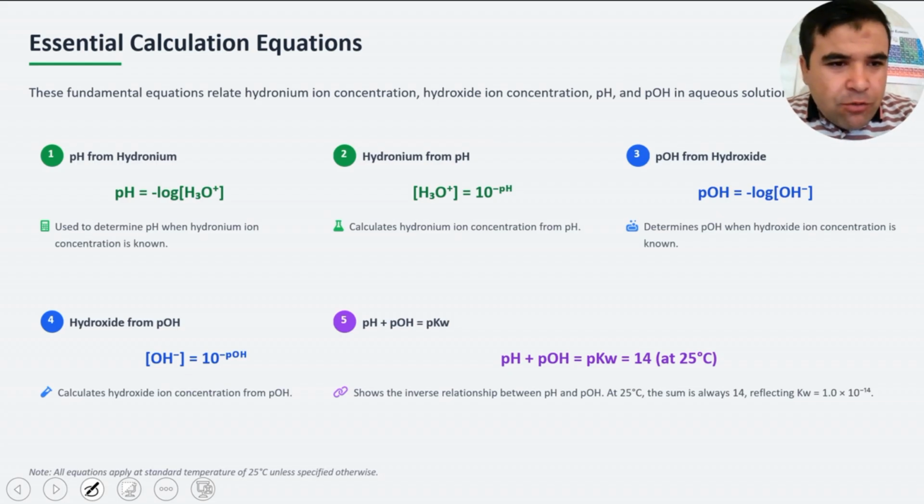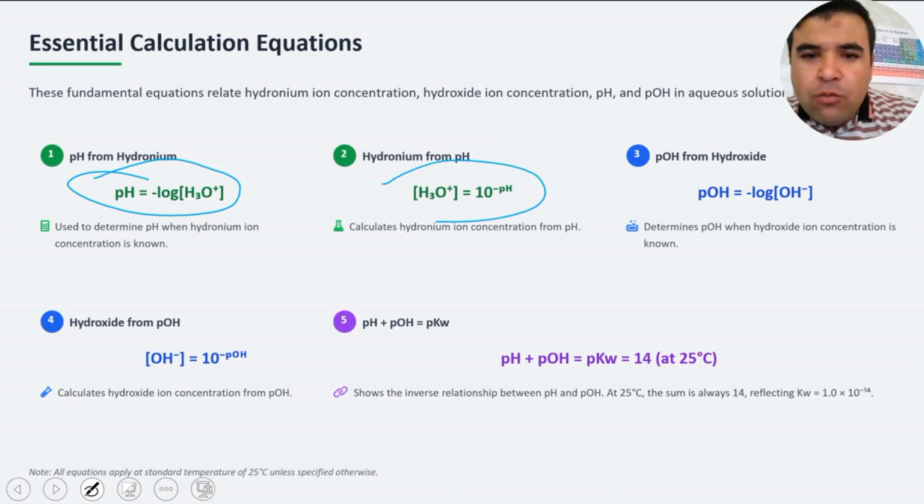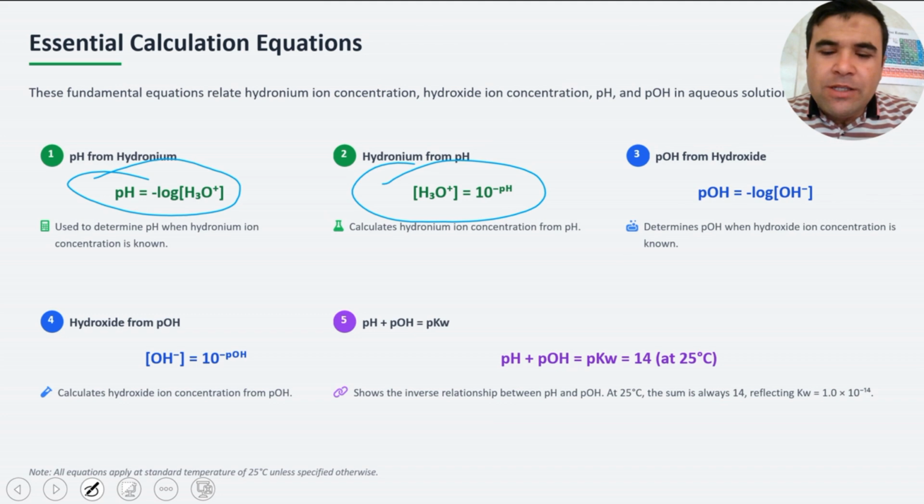The first equation here, we can see that it's calculating the pH through the hydronium, which will be taking the negative log of hydronium. If you want to convert the pH into hydronium, guys, we'll be taking 10 to the power minus pH, that results in the hydronium, or antilog of minus pH results in the hydronium.